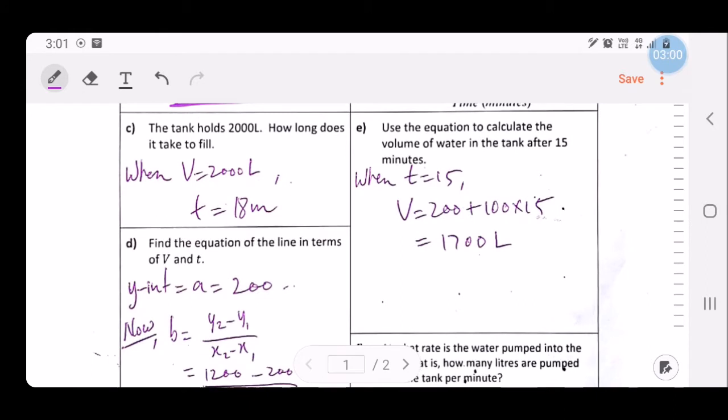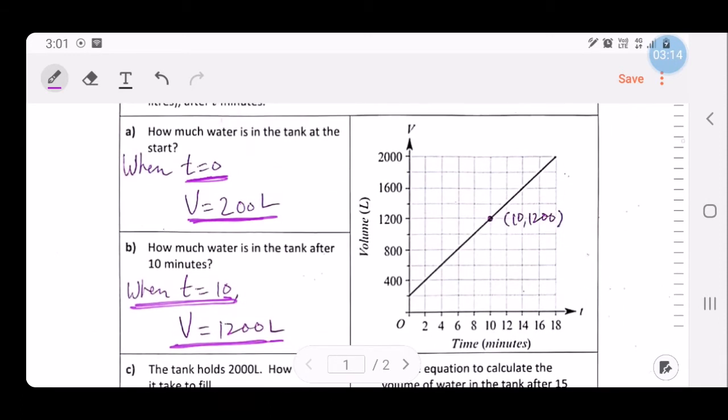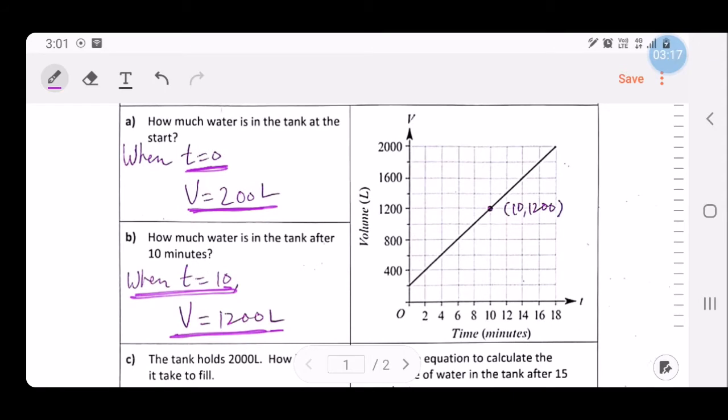Question C. The tank holds 2,000 litres, which means that's its capacity, that's its maximum volume that it can hold. How long does it take to fill? Okay, so this is the exact same skill, except we've been given the V value first, and we're being asked to determine the corresponding t value. All right, so when V equals 2,000, what is t? So I'm going to draw a horizontal line from V equals, I said 200, I meant 2,000, sorry.